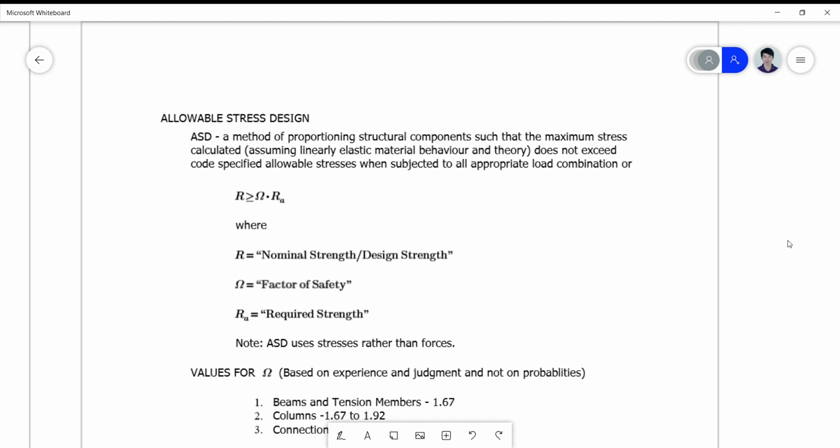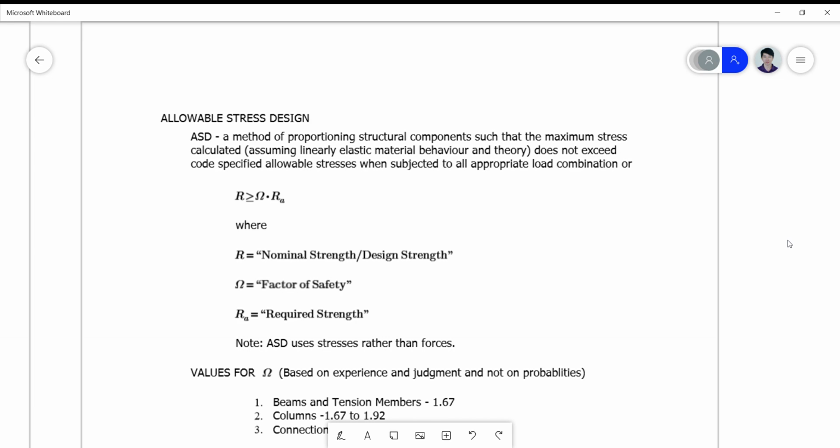Okay guys, let's continue our discussion on design philosophies, and the first methodology we are to consider is the allowable stress design. So the allowable stress design, or ASD, defines a method of proportioning structural components such that the maximum stress calculated, assuming linearly elastic material behavior in theory, does not exceed the code specified allowable stresses when subjected to all appropriate load combinations.